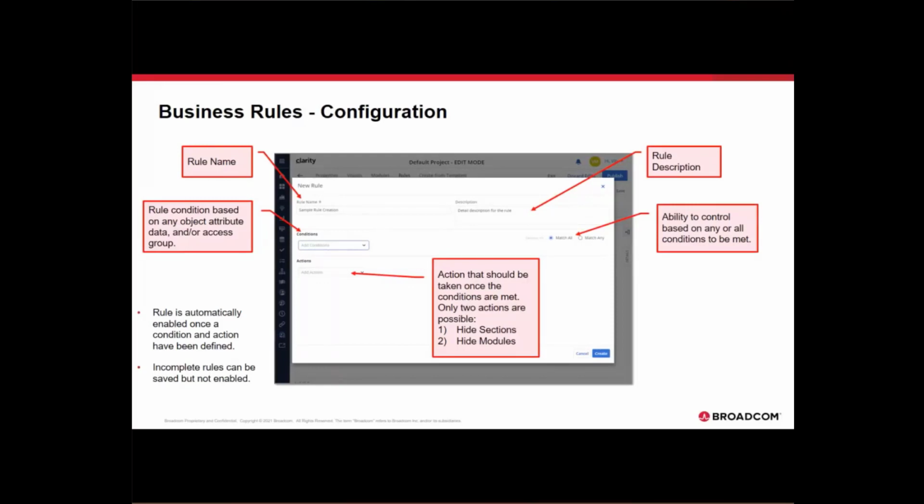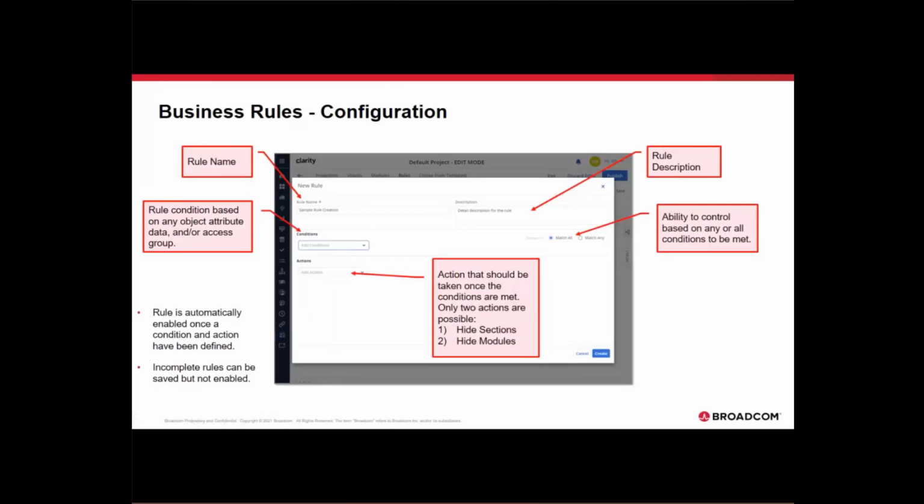And once those conditions are defined, the respective actions will then be executed, which today there are only two actions, either to hide a section or hide a module. Once the required values, which are the rule name, conditions, and actions, have been populated correctly, the rule is automatically enabled.